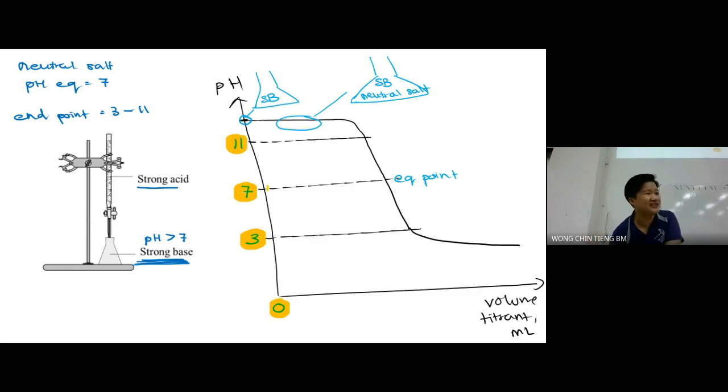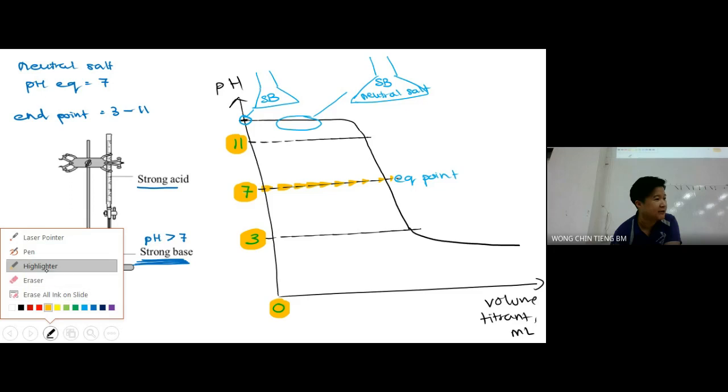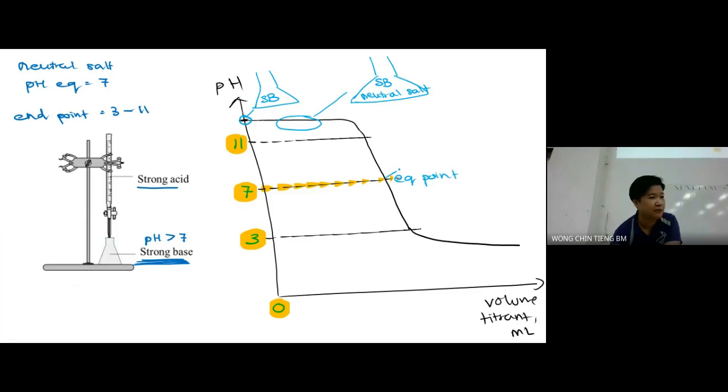Okay, so that is your equivalent point because it is a neutral salt. That is the pH range of the endpoints, because on the steep curve it is strong acid, strong base. And then we go to the equivalent point. Ani, what do you have at the equivalent point? Neutral salt.